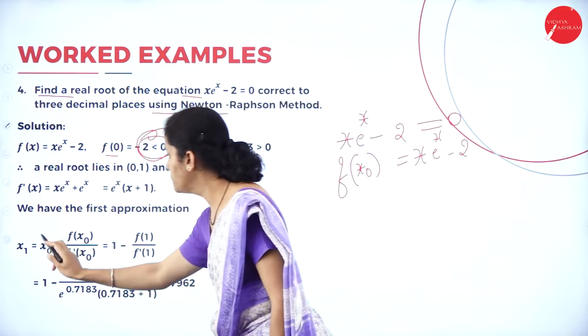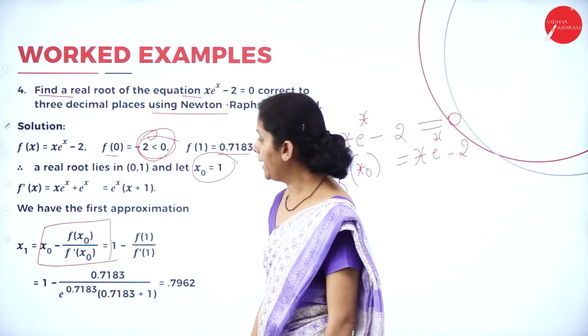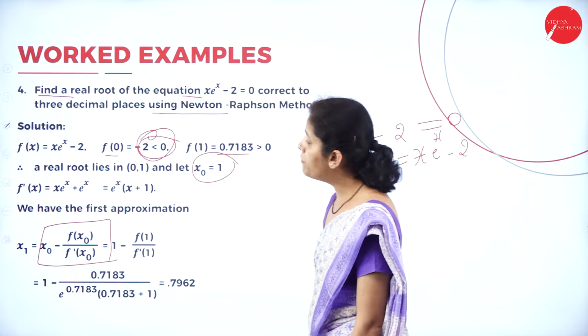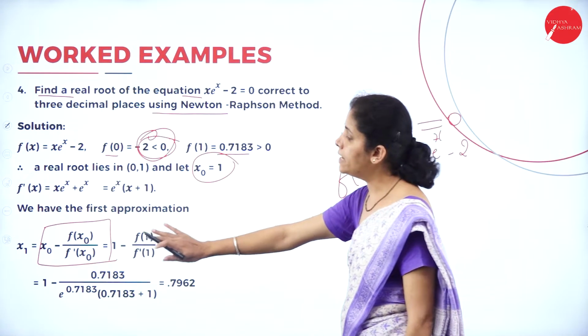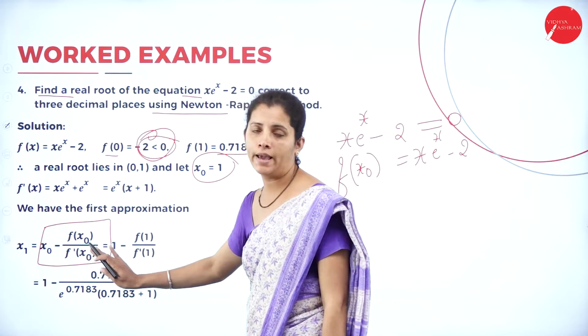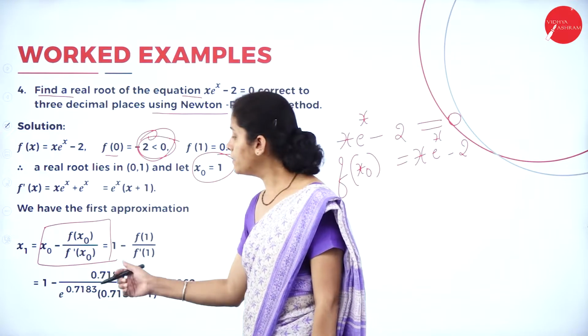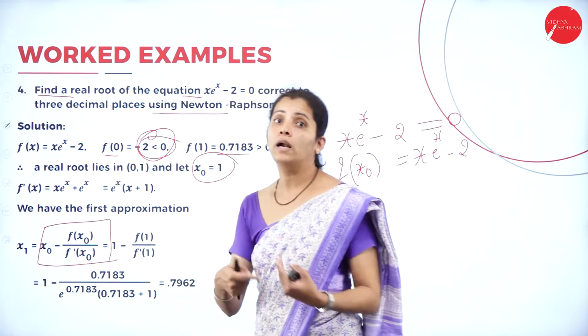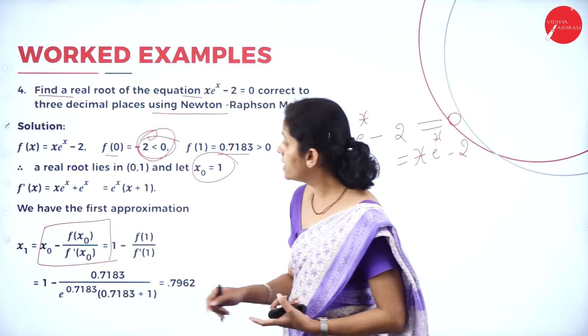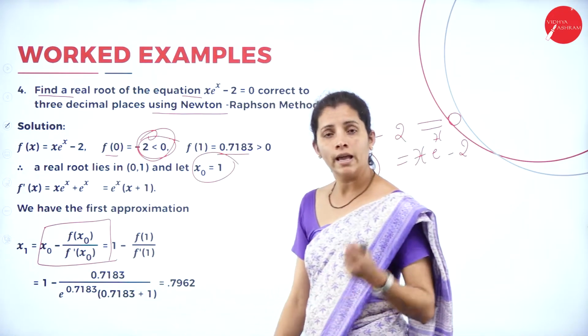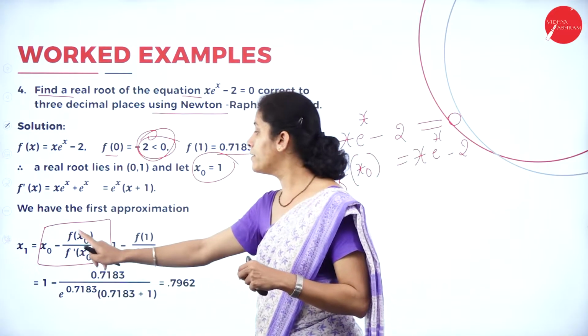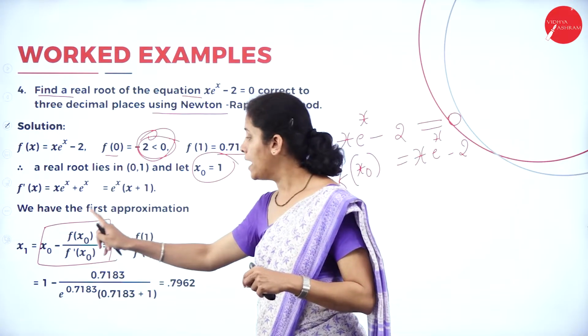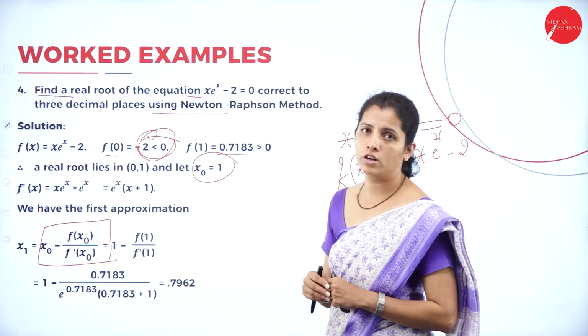That is x1 equal to x naught minus f of x naught divided by f dash of x naught. If I consider this formula, what are the things I require? I require x naught value, along with f of x naught and f dash of x naught.